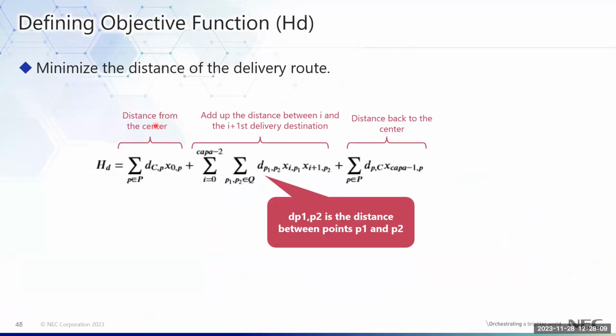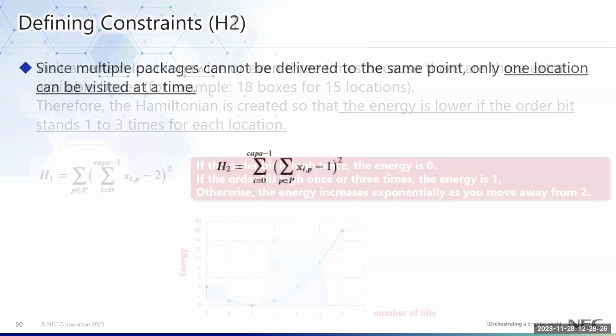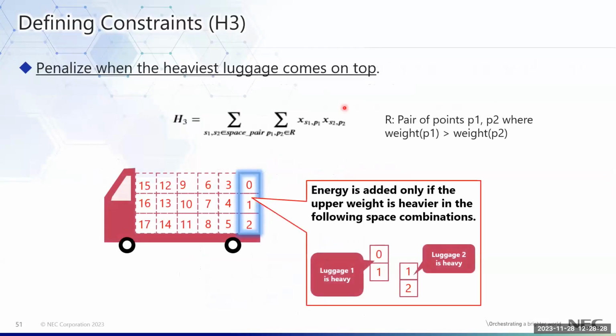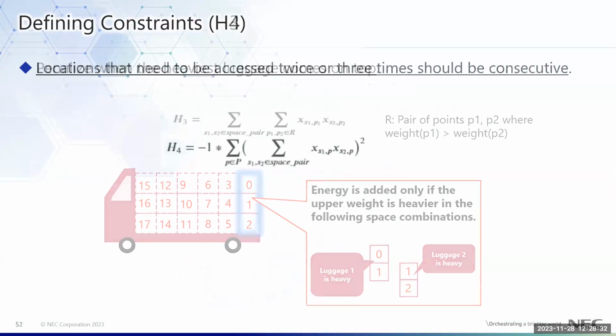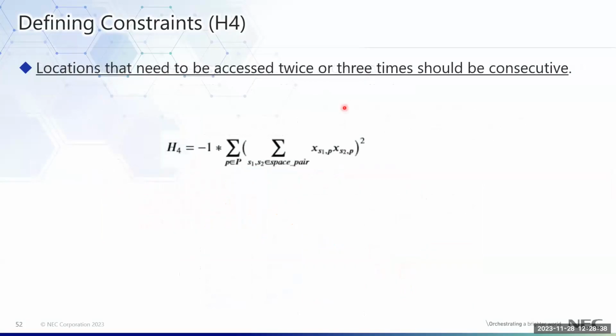The objective function has several parameters to it. Minimizing the distance of the delivery route was considered as one Hamiltonian. And then the remaining constraints were also treated as Hamiltonians. Another added constraint was the way the boxes are arranged in there. You have to penalize some of them, where it's the heavier boxes on top, and so on.